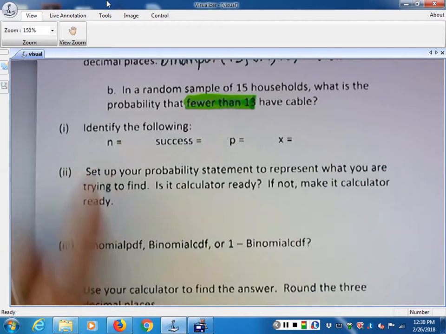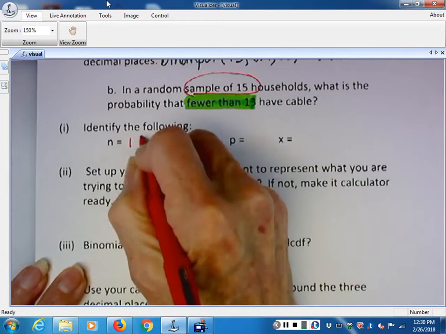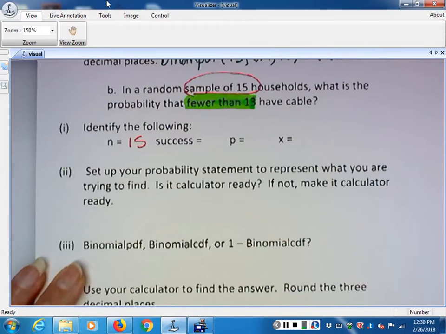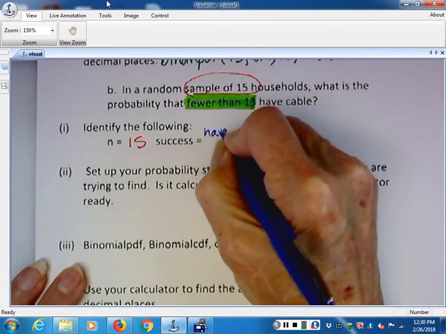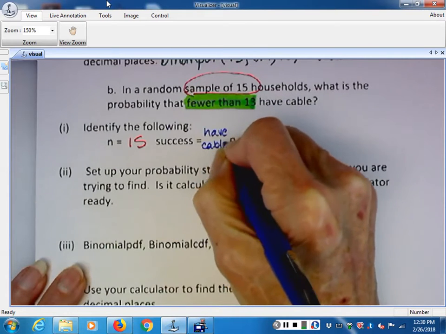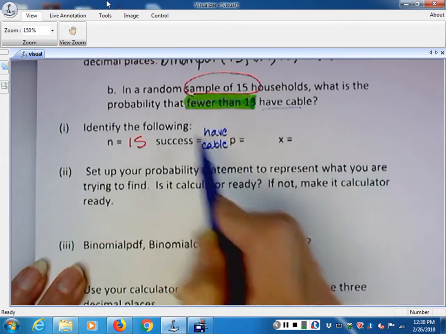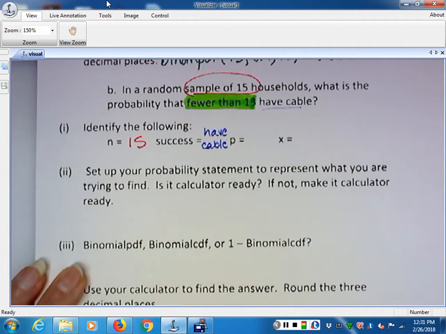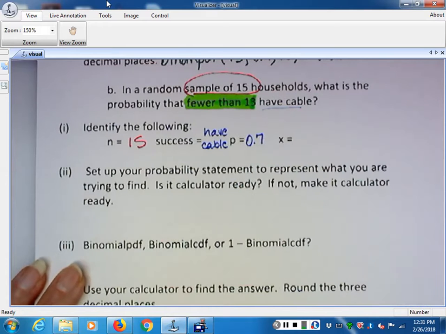What's the number of trials? Okay. Success is if they have cable. Probability of success, it's the same as the probability at the top of the page, it's still 0.7. But now we need to identify the values of x.